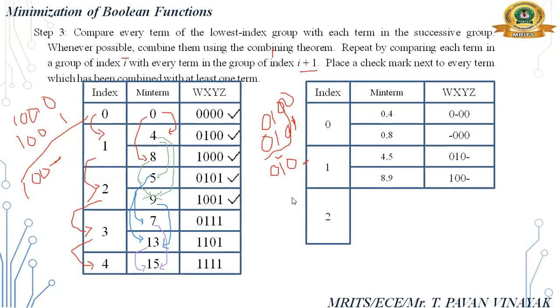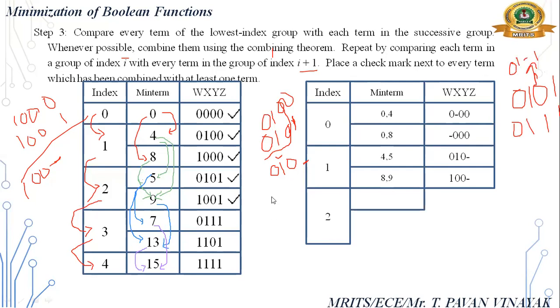In index 2, compare 5 and 7. 5 value is 0 1 0 1, 7 value is 0 1 1 1. The difference is available here, so 0 1 dash 1. So 5 and 7 is 0 1 dash 1. Tick mark 7.